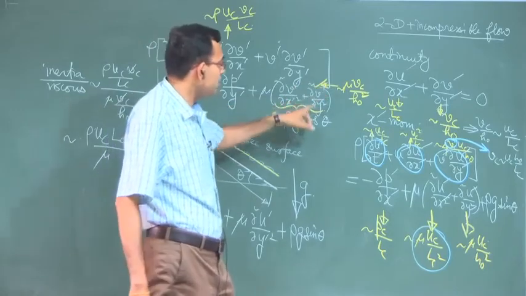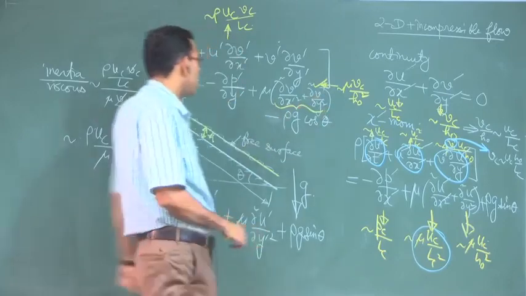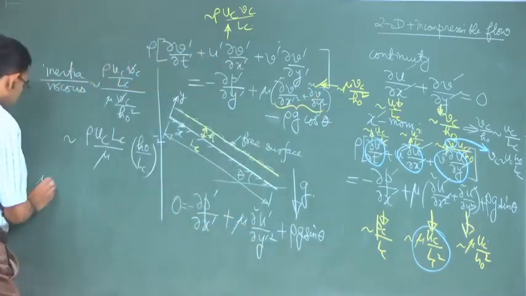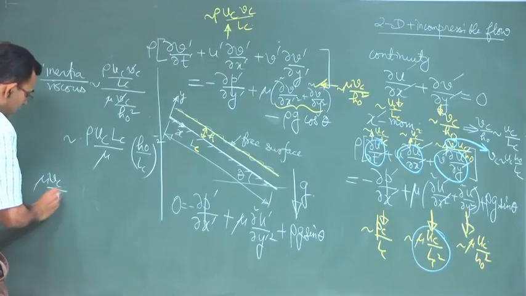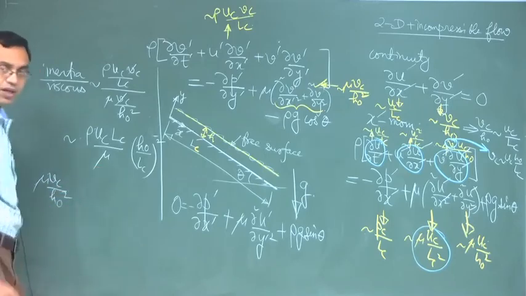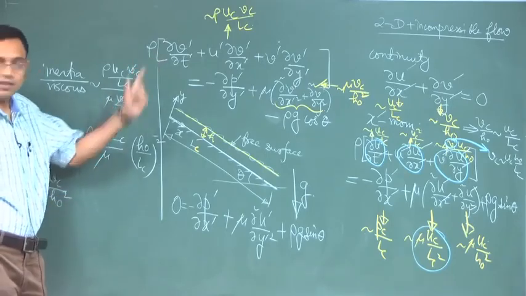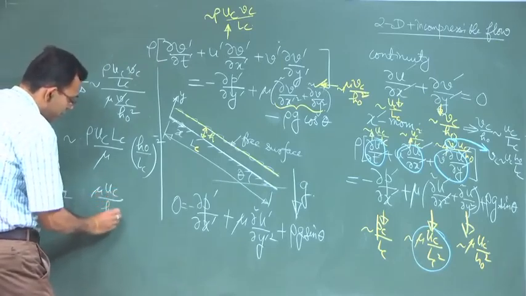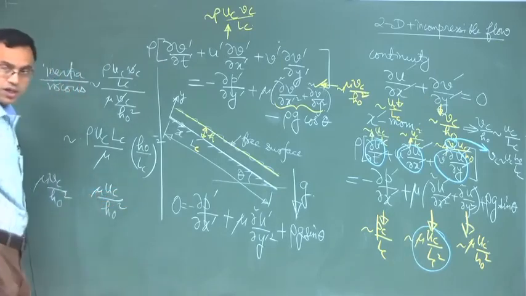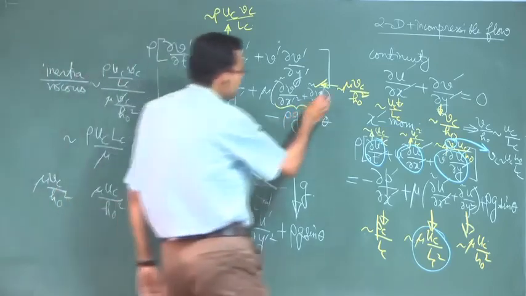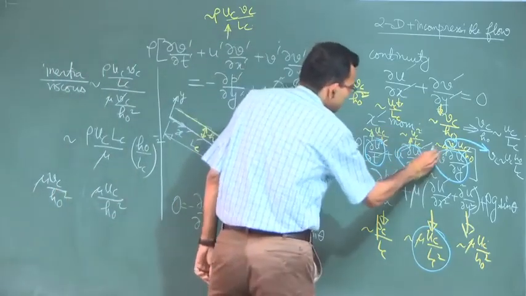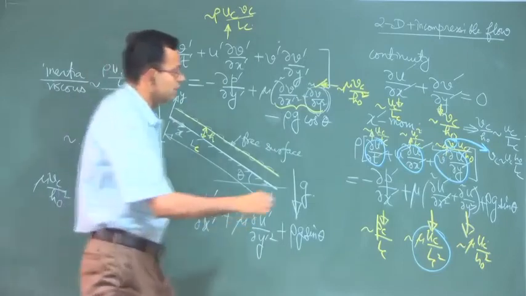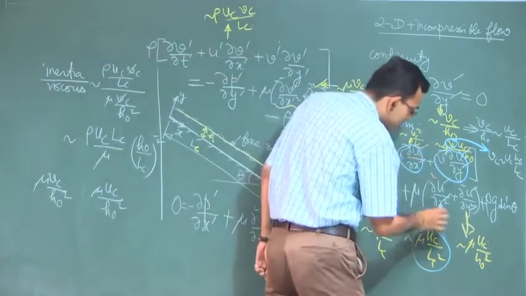So, this term is of the order of mu Vc by h naught square. Its corresponding x momentum counterpart is mu uc by h naught square.